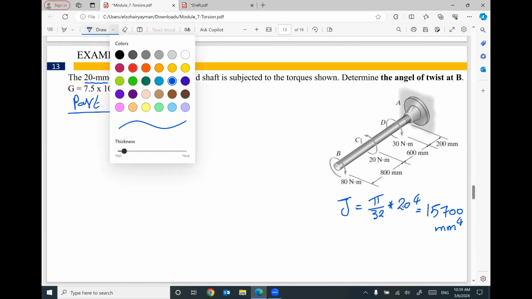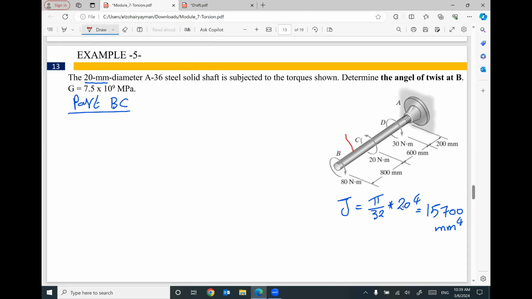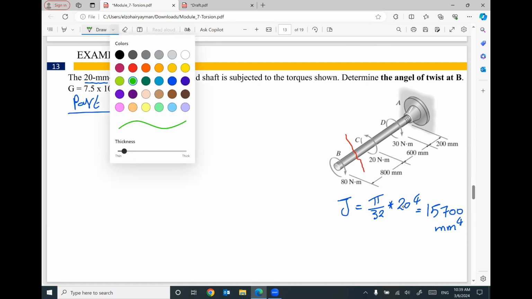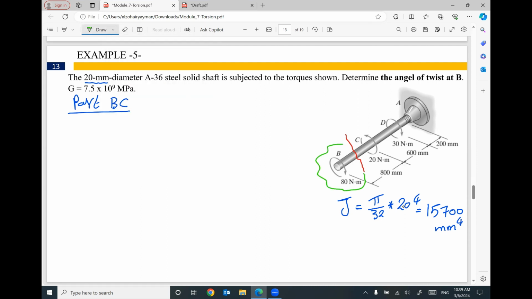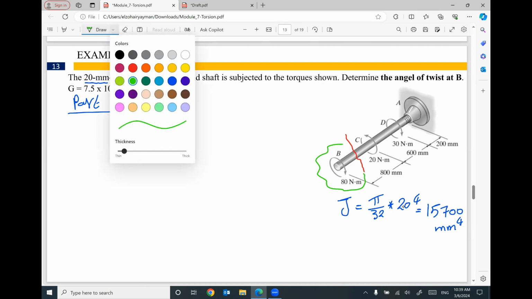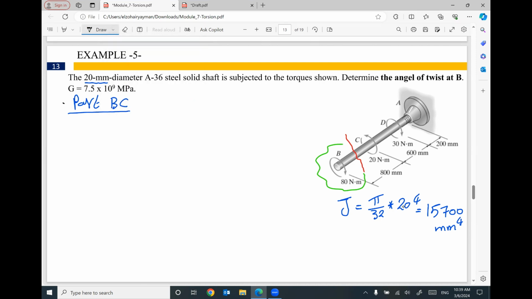To figure out the applied torque on this part, I'm going to do a cut, and then I'm going to use the left part. Here is your cut. We have an applied torque, which looks like rotating clockwise, 80 Newton meter.